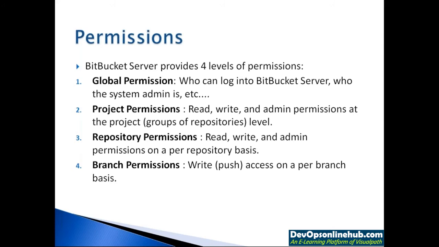Another, fourth type is branch permissions. This is specific to the branch only. In the repositories, we all know that we can create different branches, for example master branch, dev branch, QA branch, production branch, release branch, hotfix branch. Again, the common branches we create are as per the issue.